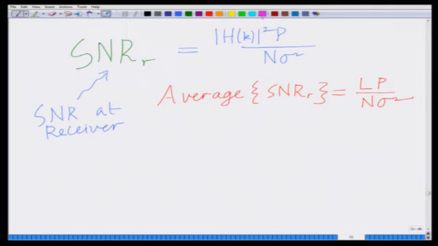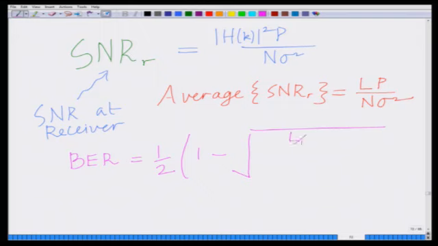Therefore, since the channel is Rayleigh fading, the bit error rate for BPSK transmission is half times 1 minus square root of the average received SNR divided by 2 plus received SNR.